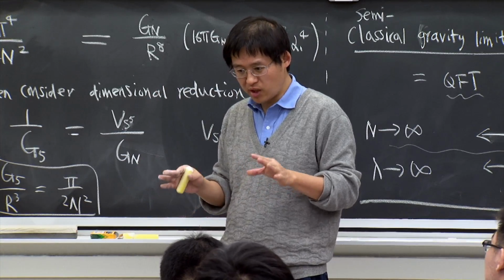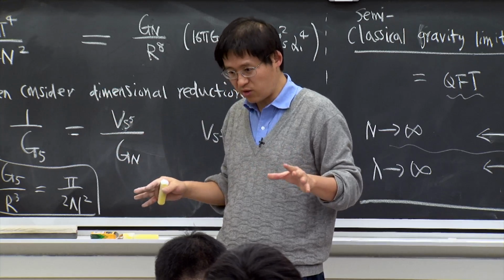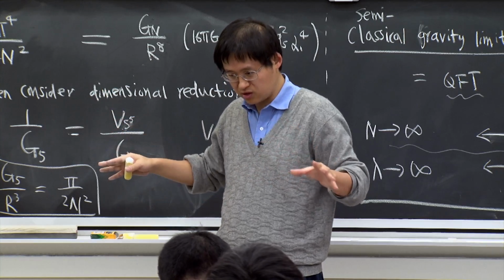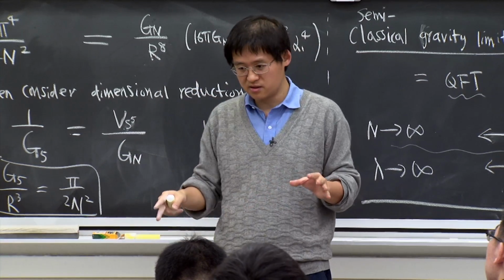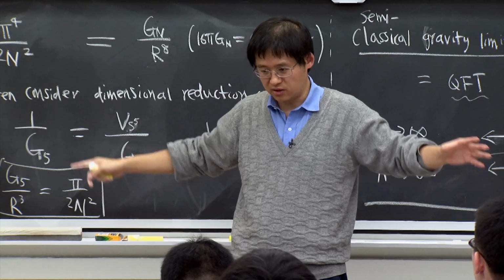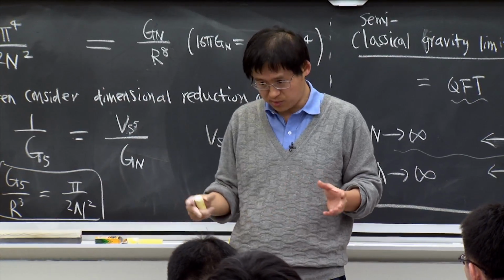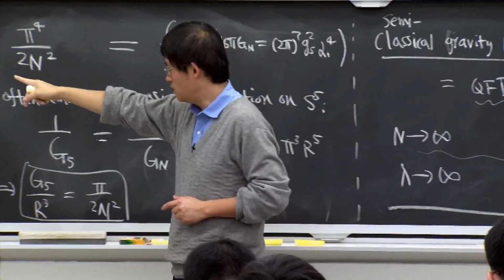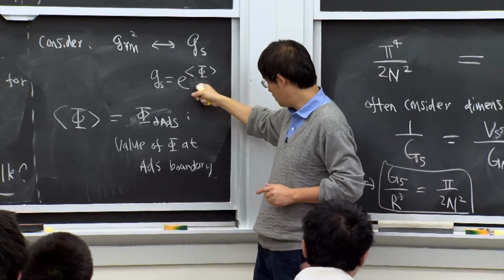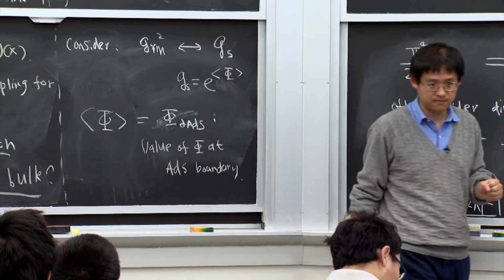But the only sensible way to talk about expectation value is to talk about its value at the boundary, because we assume the boundary conditions don't fluctuate. It's the same for flat space, where we always specify the boundary condition at spatial infinity. And in AdS, which is also a space-time with a boundary, we can associate the constant part of the expectation value with the value at the boundary.